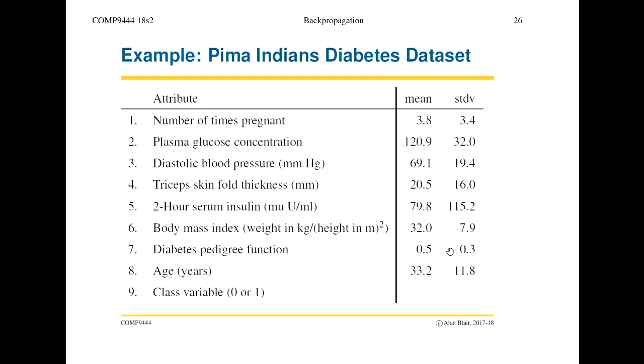Now, you'll notice that these are all measuring things in different units. The diagnostic blood pressure is measured in millimeters of mercury. The body mass index is measured in kilograms per meter squared. The age is measured in years. And from the data set that we have, this is the mean value in each of these and the standard deviation.